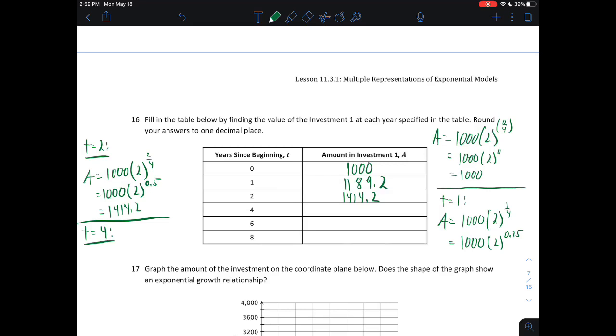When I plug in t equal to 4, I get A is equal to 1,000 times 2 raised to the power 4 divided by 4. But 4 divided by 4 is just 1, so this is 1,000 times 2 to the first. That's the same thing as 1,000 times 2. And you'll see if you plug that into your calculator, that's what you get, 2,000.